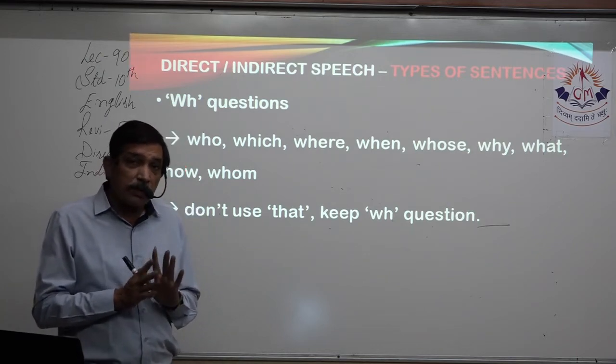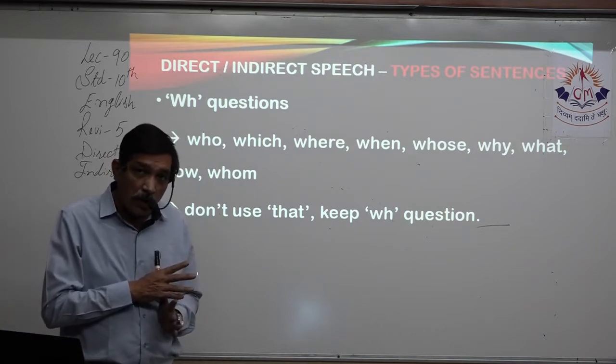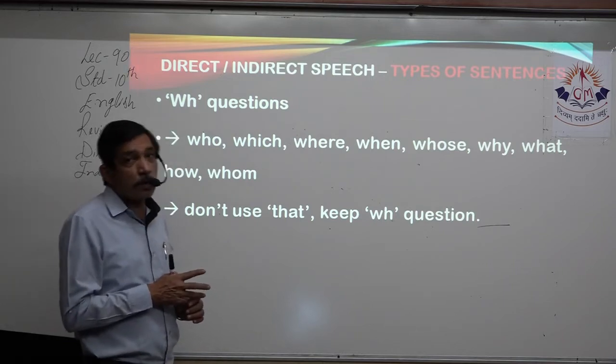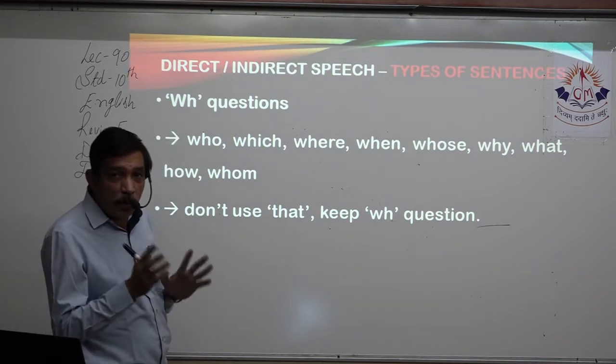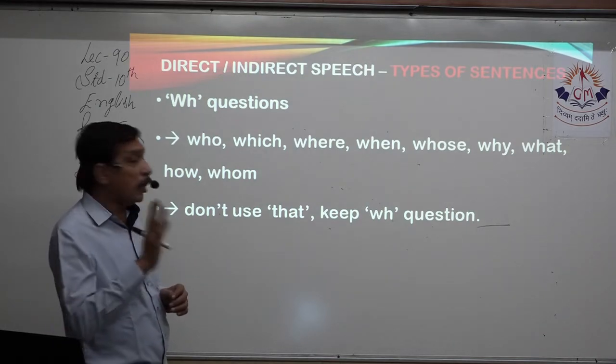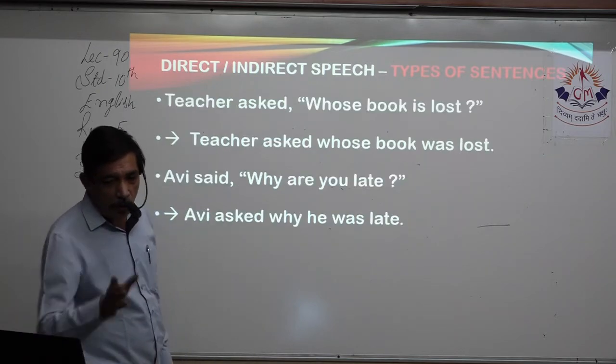But when you are using a WH word and then you are using "that" also, it doesn't make sense, grammar becomes wrong, so we omit writing "that." Instead of "that," we continue with the WH word. Don't use "that," keep the WH word.